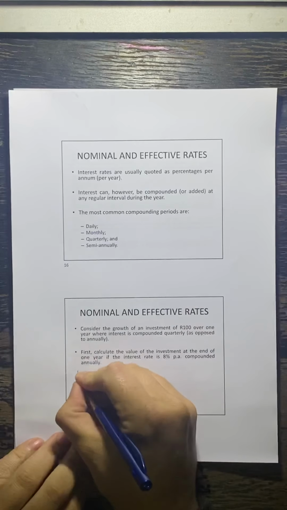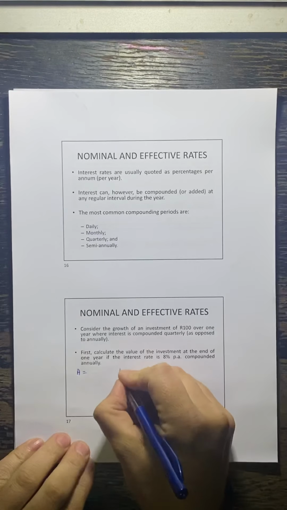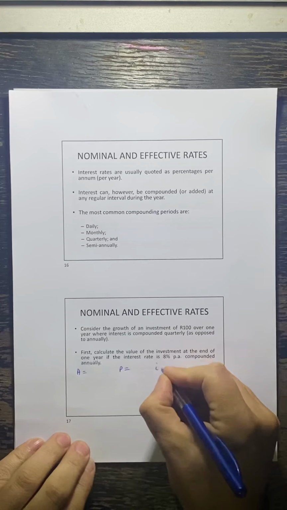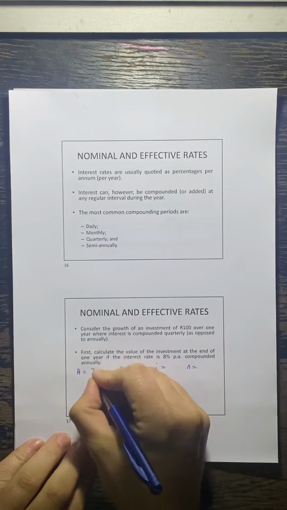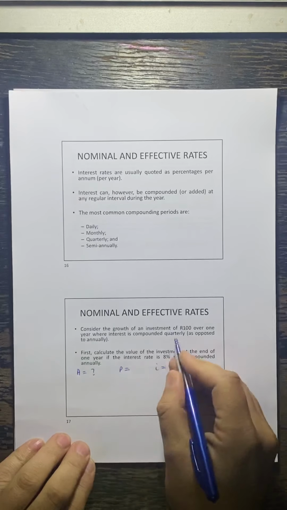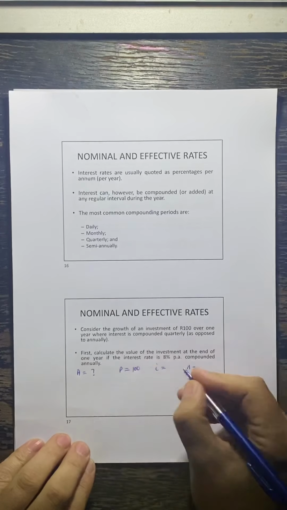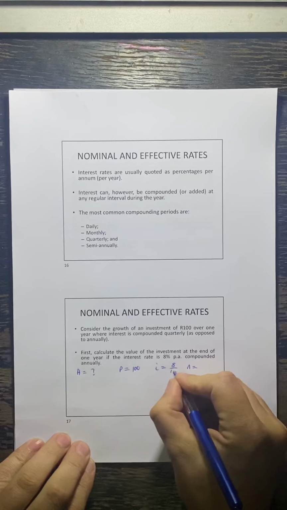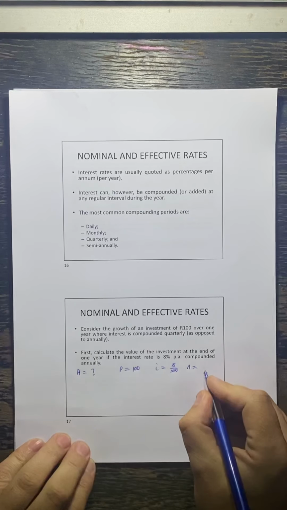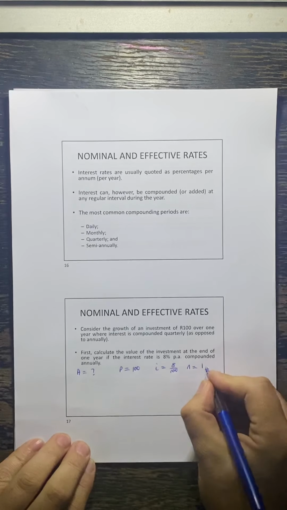And so we've got A is equal to, P is equal to, I is equal to, N is equal to. So the accumulated amount, we don't know. The principal amount was 100 Rand. The interest rate is 8%. And the time period for this is 1 year.